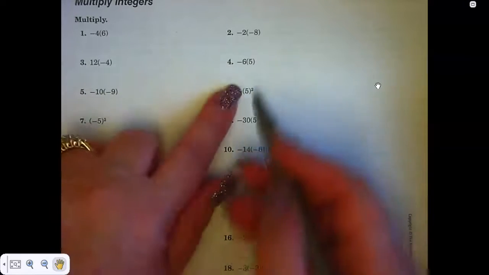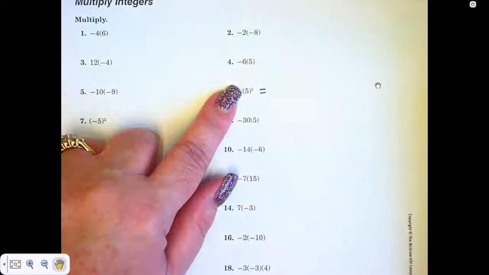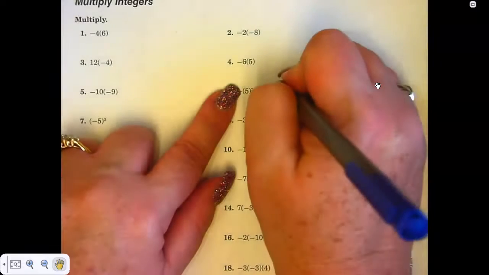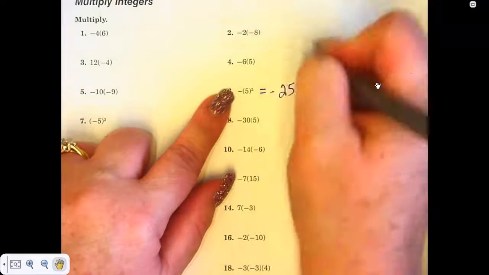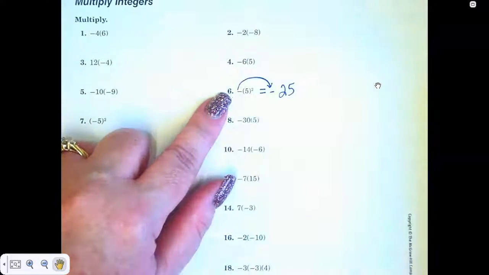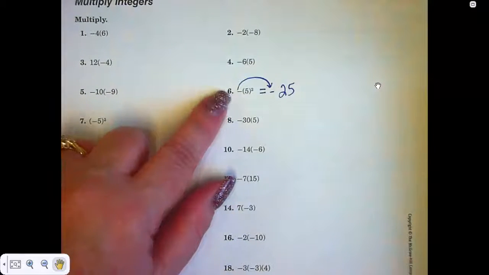So here we're just squaring the 5. The negative's not included. So 5 times 5 is 25. And then you just move the negative over. It was not involved in the squaring process.